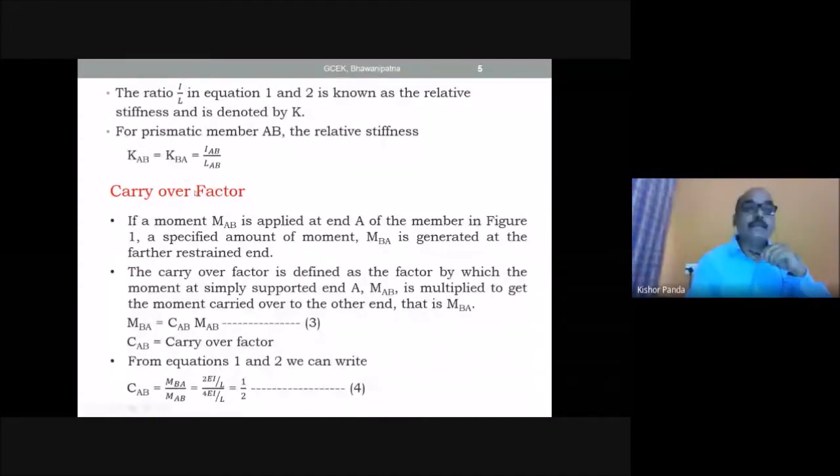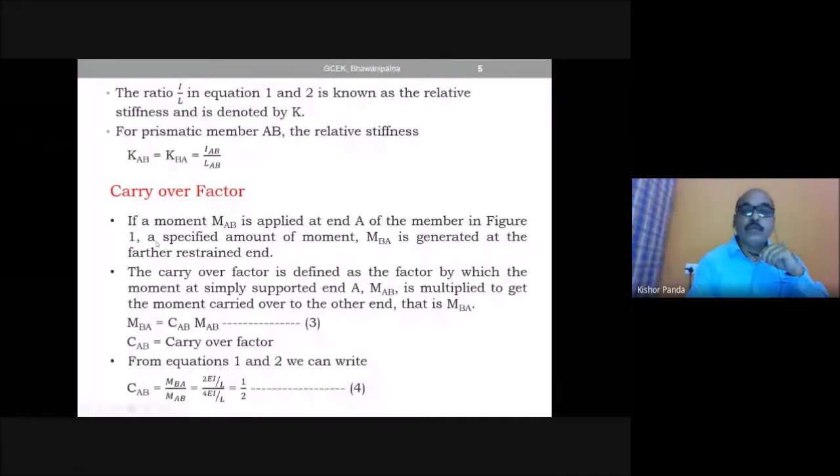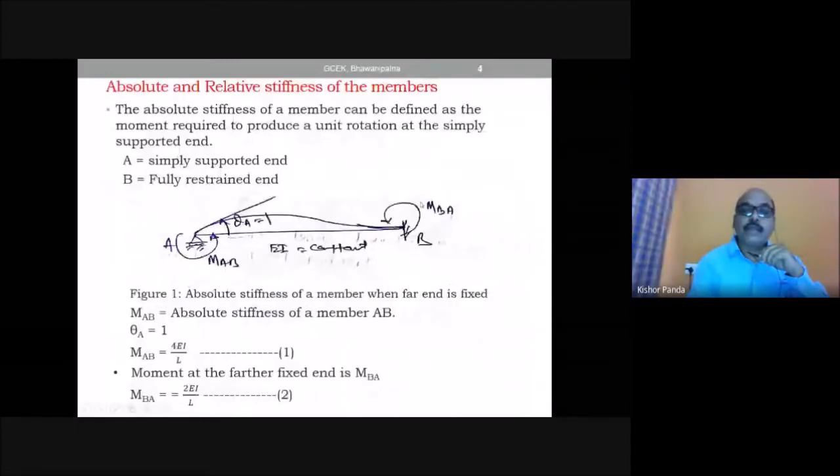Then what is the carryover factor? If a moment M_AB is applied at end A of the member in figure 1, a specified amount of moment M_BA is generated at the further restrained end, the fixed end.